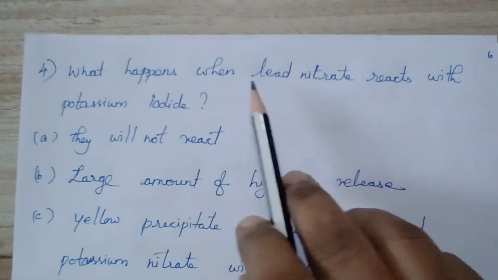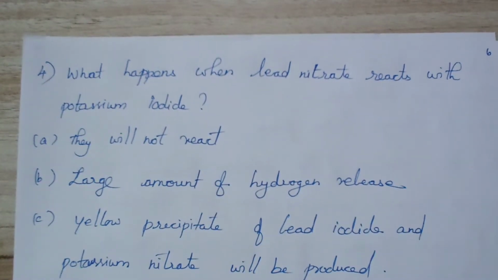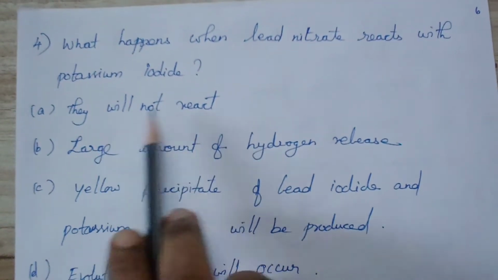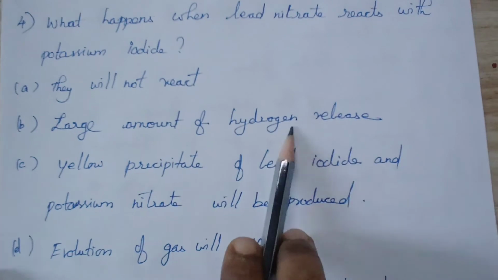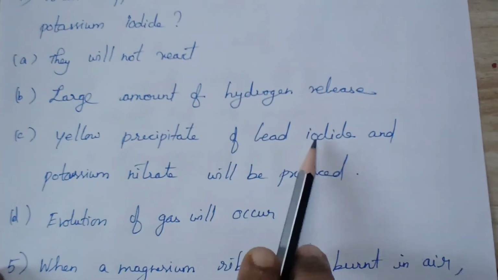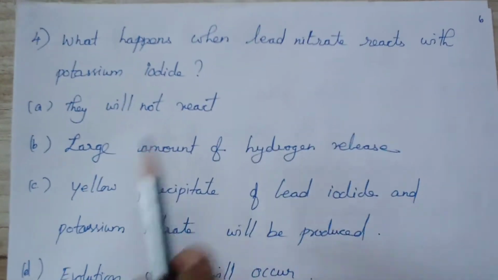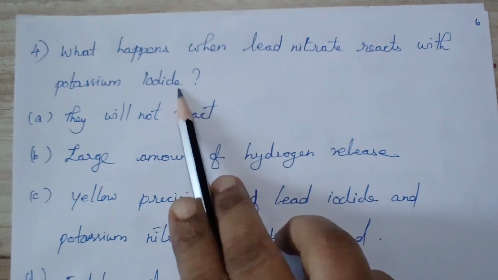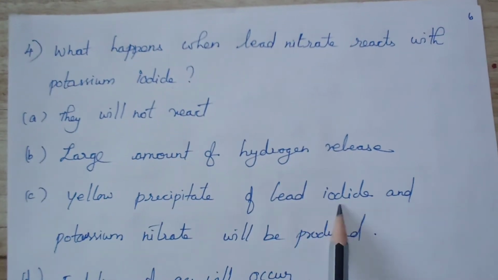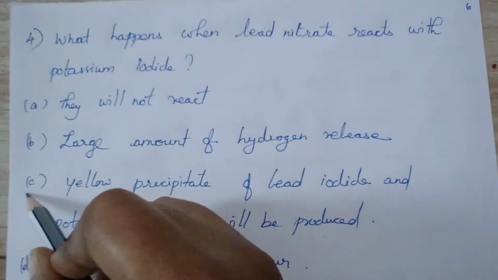What happens when lead nitrate reacts with potassium iodide? They will not react? No. A large amount of hydrogen is released? No. A yellow precipitate of lead iodide and potassium nitrate will be produced.